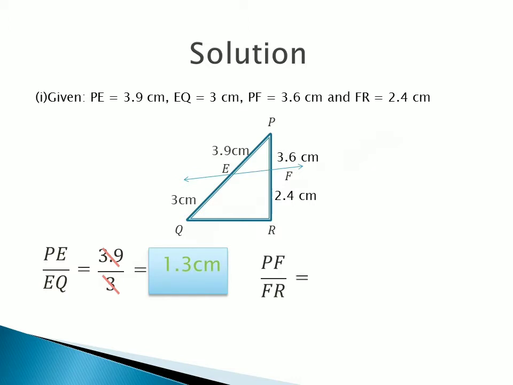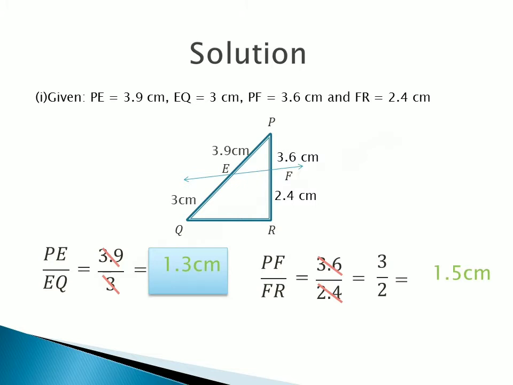Then you have to take this ratio PF by FR, 3.6 by 2.4. Both are multiples of 12. 12 2s are 24, 12 3s are 36. Here only one decimal point is there, you can neglect it. So the answer is 3 by 2, that is equal to 1.5 centimeter.